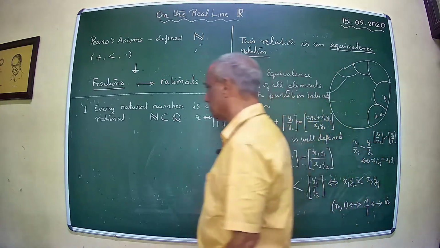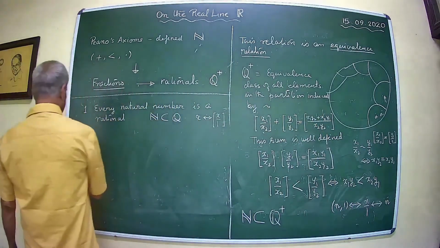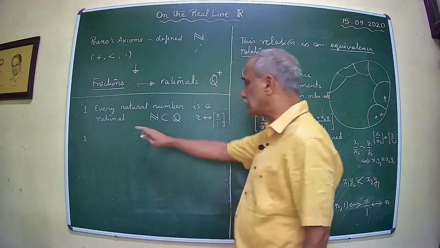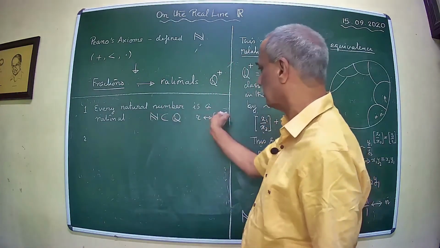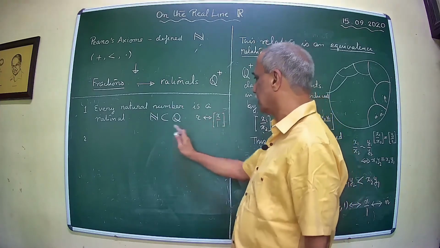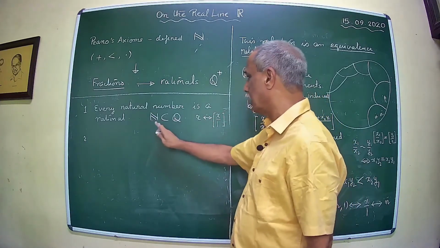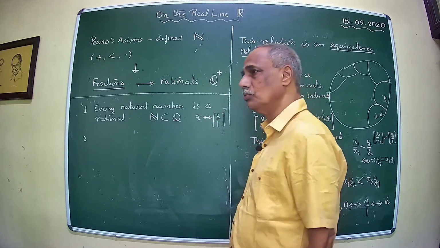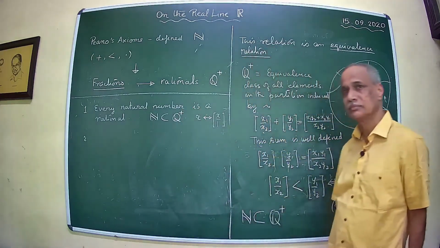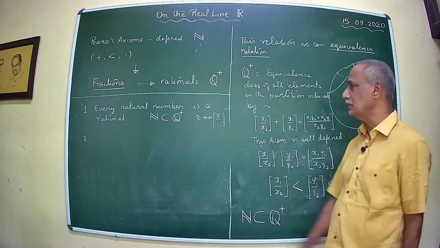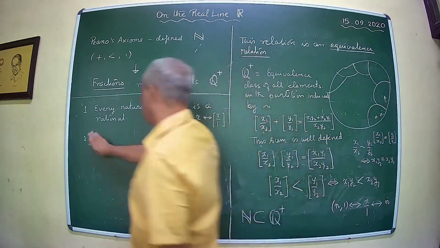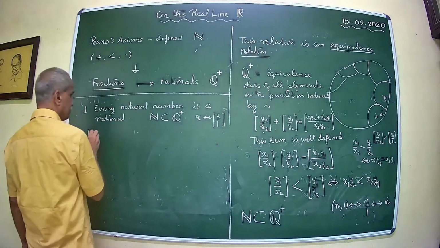Okay. So that is that. The second one is that all these addition, order, and multiplication consistently pass over to Q plus. Okay, so this is a very genuine extension of n. Note that also. Q plus.